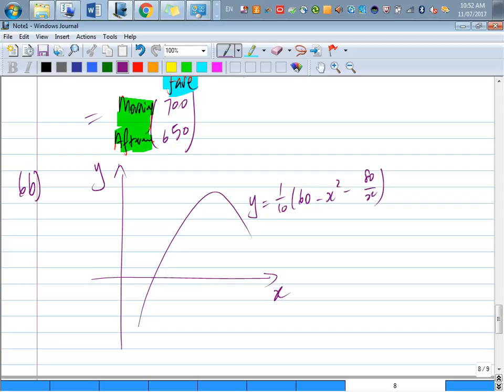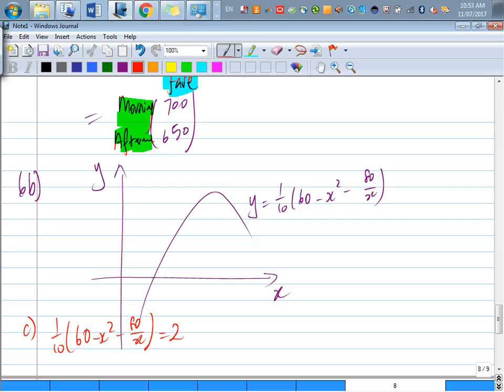Next, part C. Part C. Use your graph, find the values of x for which blah blah blah is equals to 2. So, what is the line that we should draw? Now part C, 1/10, 60 minus x squared minus 80 over x equals to 2.